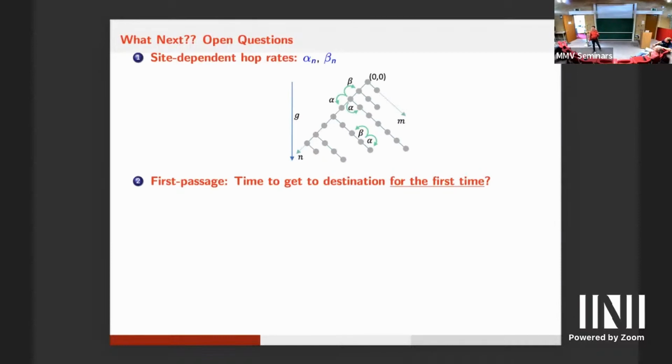So what we do is we go to the Laplace space, and in the Laplace space you can solve it exactly. Now these are reflecting boundaries, because they have to come back, so I have to make them reflecting. When I take the Laplace transform of the master equation, since this is reflecting, I can relate the probability at these two points.